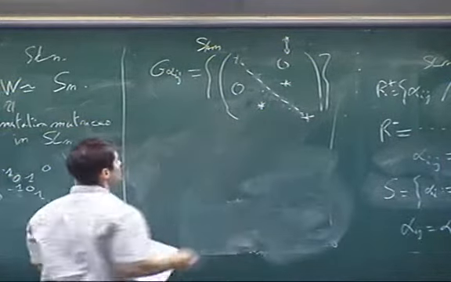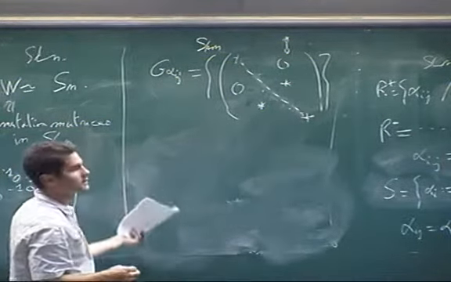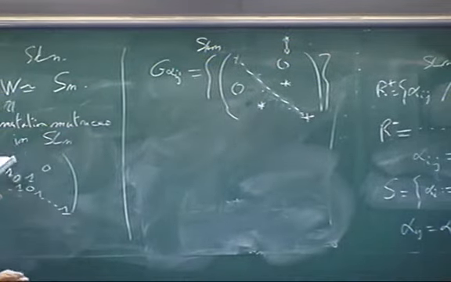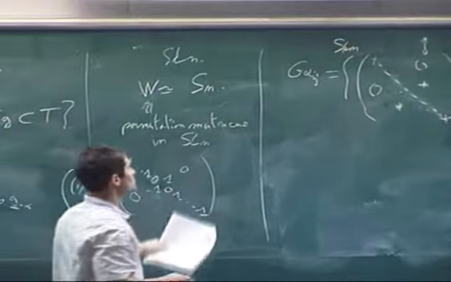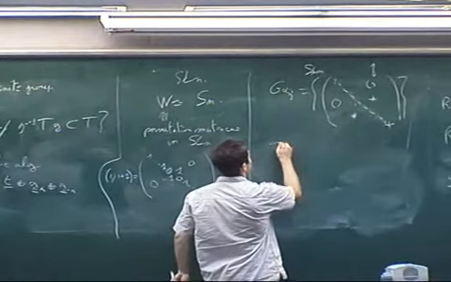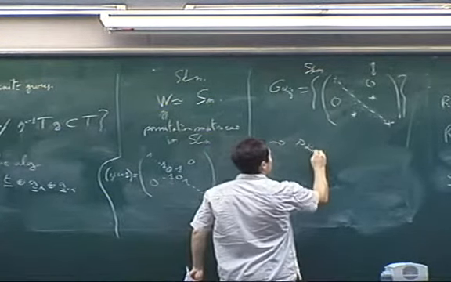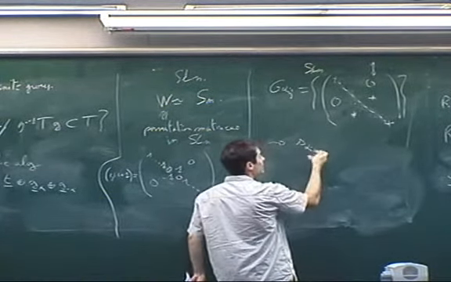And in this G alpha ij, we can see that there is only one permutation matrix, which corresponds to the permutation. I denote it by S alpha ij.